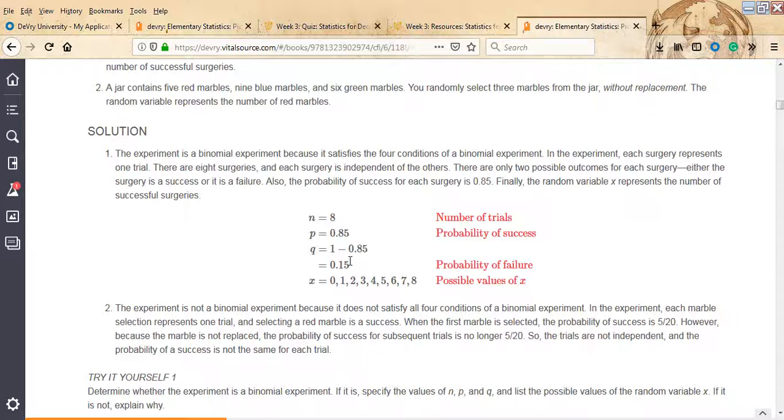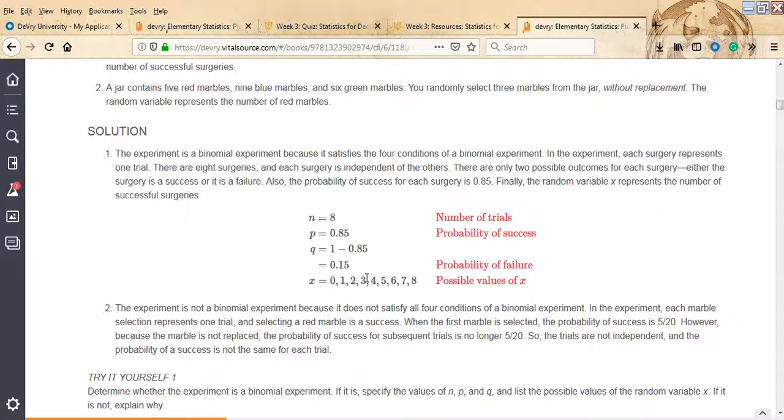0.15, and this relates to any individual trial or outcome. So don't think of this as an 85% likelihood of getting 5 successes. Any one of these could have an 85% chance of success and a 15% chance of failure.